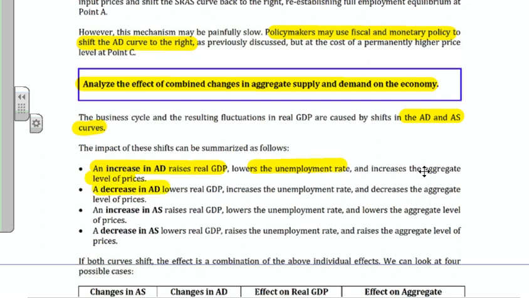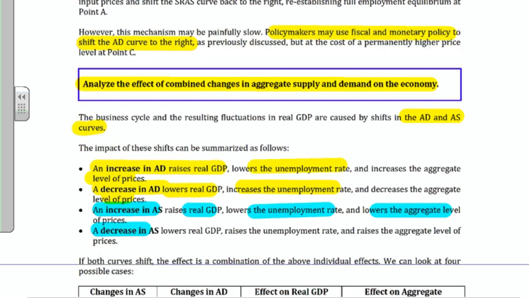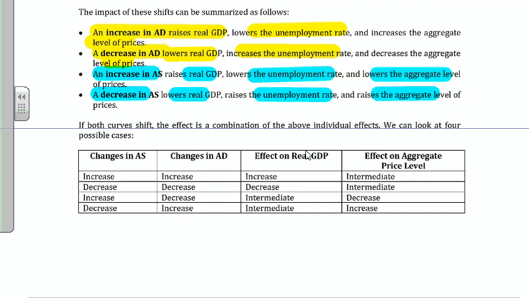A decrease in aggregate demand lowers GDP, increases unemployment and decreases prices. An increase in supply raises real GDP, lowers unemployment and lowers price levels. But a decrease in supply will lower real GDP, raise the unemployment rate and raise the general level of prices. There is your impact.